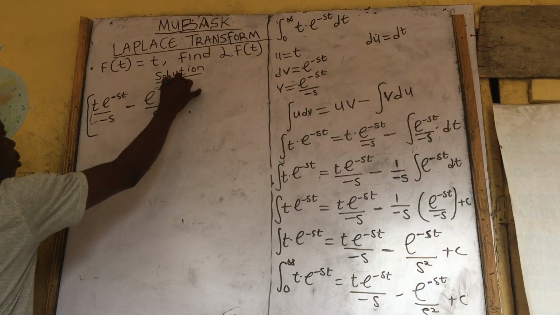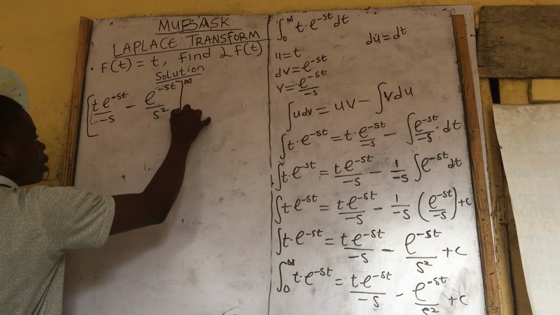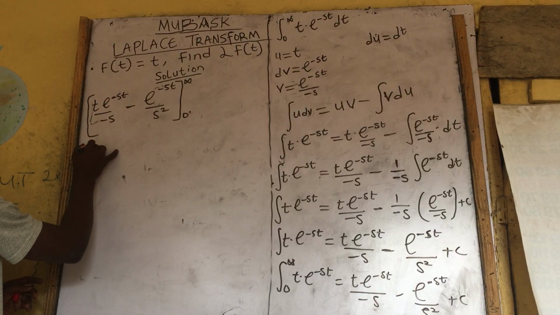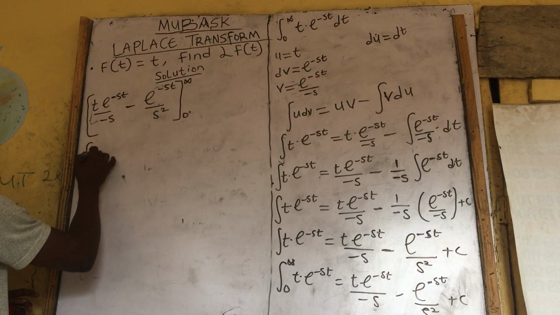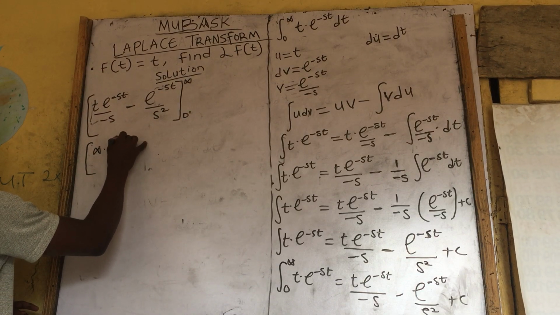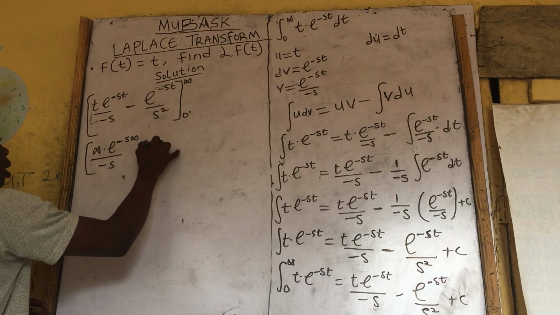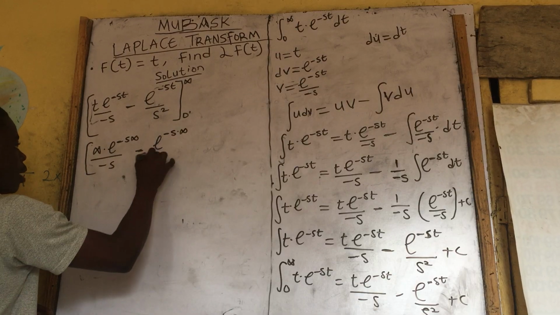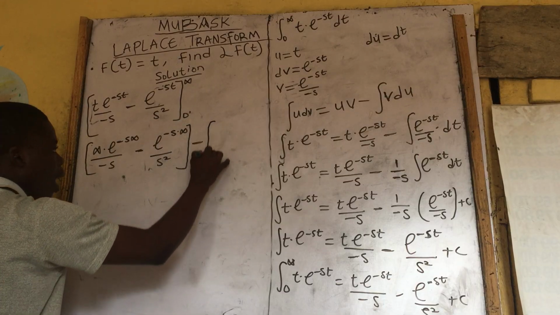By substituting, our upper limit is infinity, our lower limit is 0. So let us substitute like this. Open bracket, what is our upper limit? Infinity times exponential minus s times infinity divided by minus s, minus exponential minus s times infinity divided by s squared, all in brackets, minus, the lower limit.